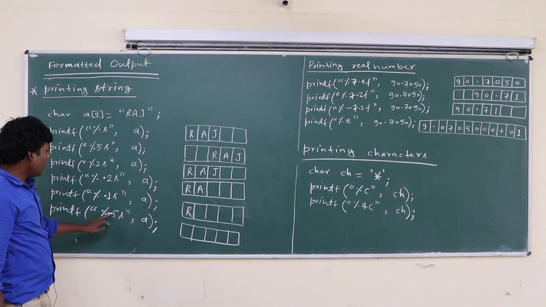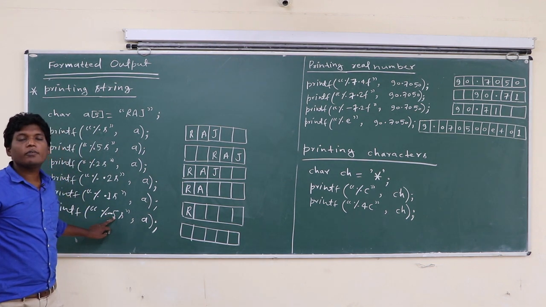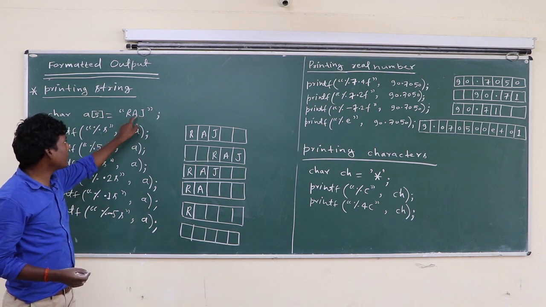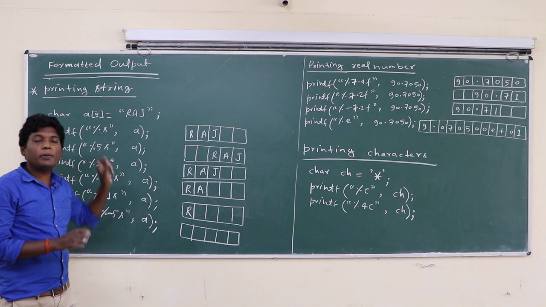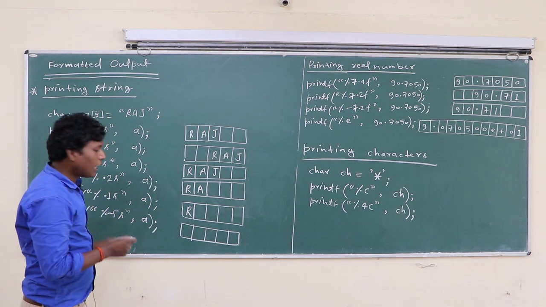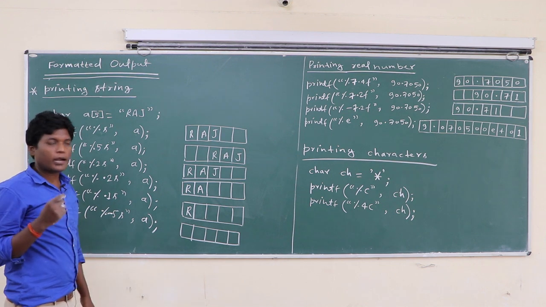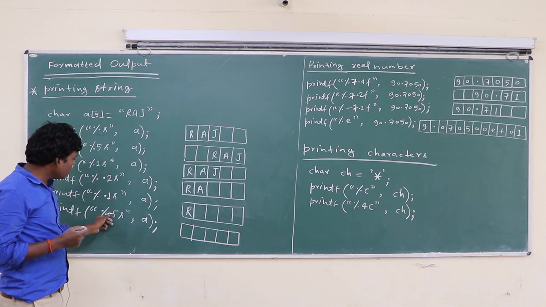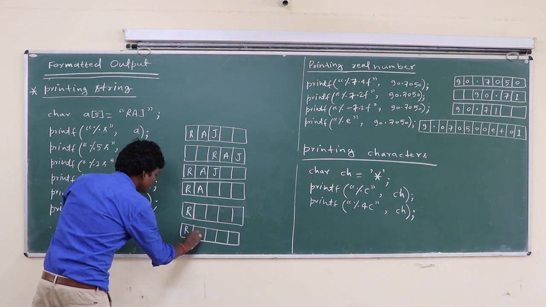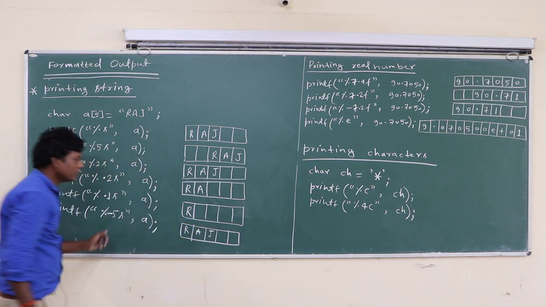Okay, and here is a 5. The field width is 5. 5 is greater than the number of characters in the Raj string. So B can justify the string either left justified or right justified. Because there is a negative sign, that's why it is left justified. So Raj is printed from the left side.